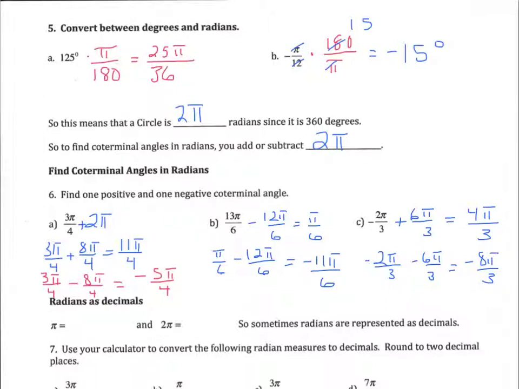Down on the bottom, we already talked about what radians are in decimals. We can think about pi radians as 3.14 radians and 2 pi radians as 6.28 radians.